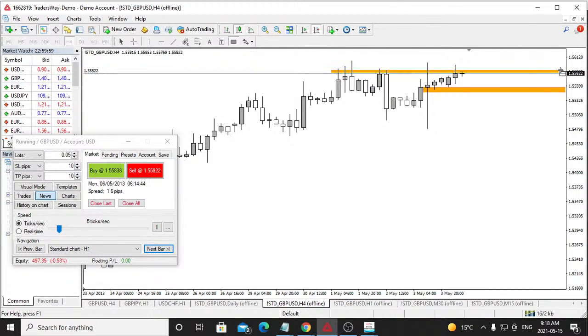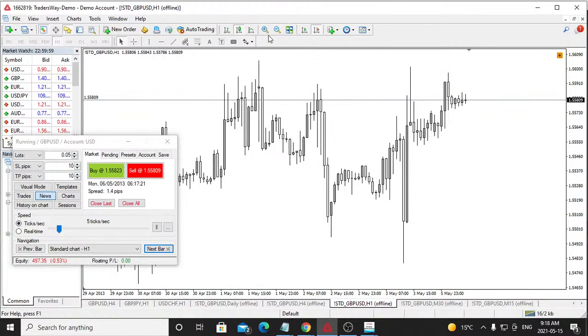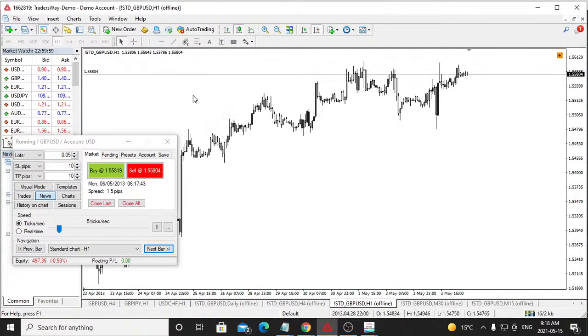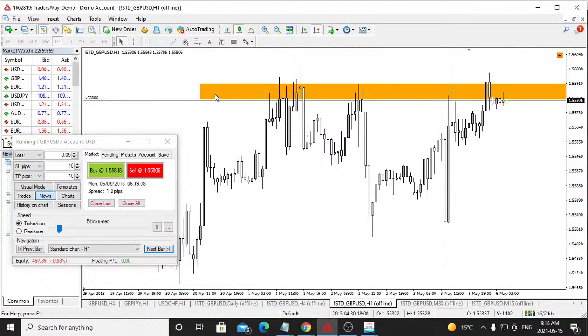Definitely rejecting this area with candles, and then printing below this area. That's right here as well. So we are going to come out here and see what's going on. I think price might want to break up now, and it has enough momentum to do so.